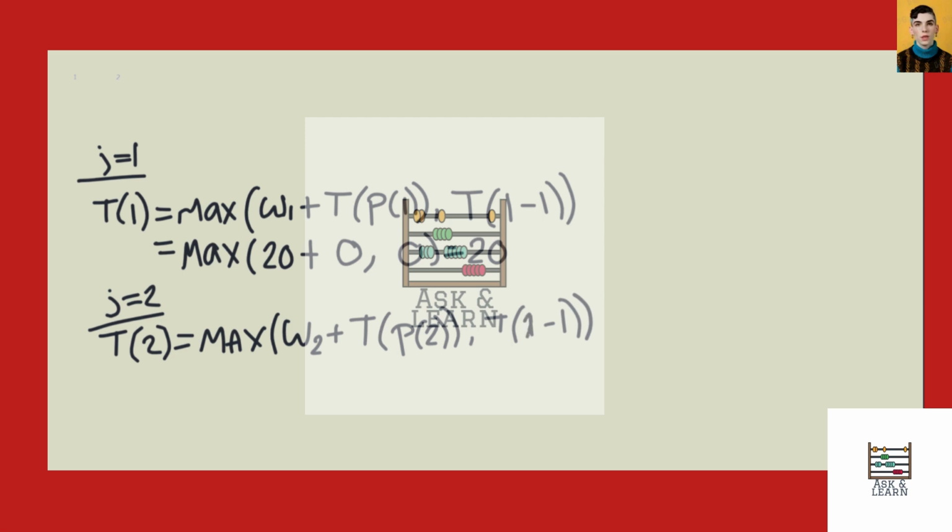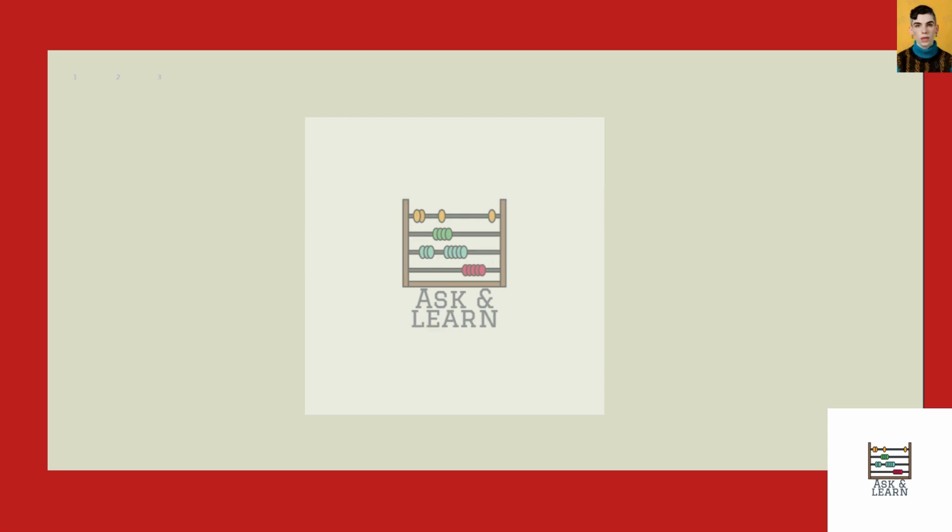So this will actually be 2 minus 1, j minus 1. And so this will give us a maximum. W2 is 10, but there was no compatible talks with it, so this will give us T of 0, which is 0. But T of 1, the previous step here, was 20. So we have a max between 10 and 20. So we're just going to keep it at 20 for now, okay? So we stay at 20, and we move on to our third step.